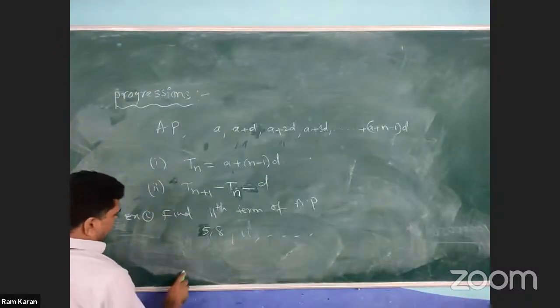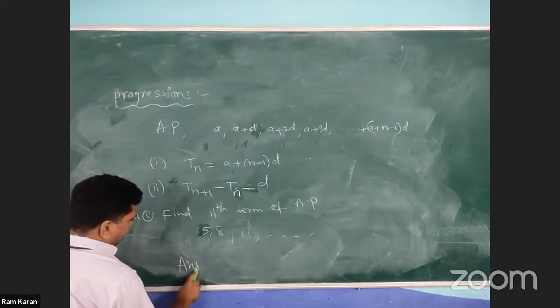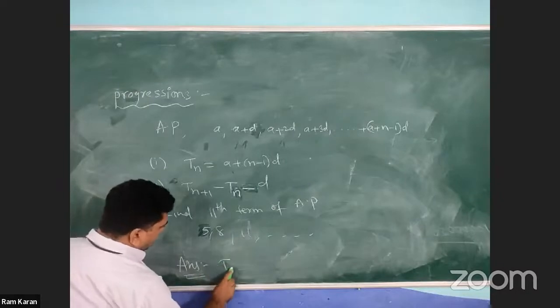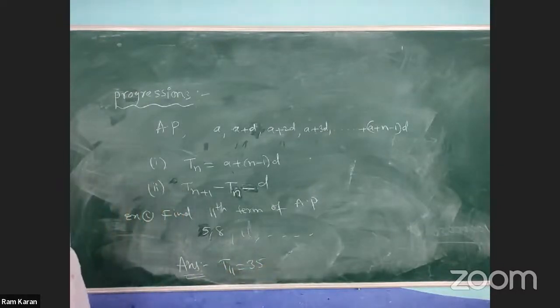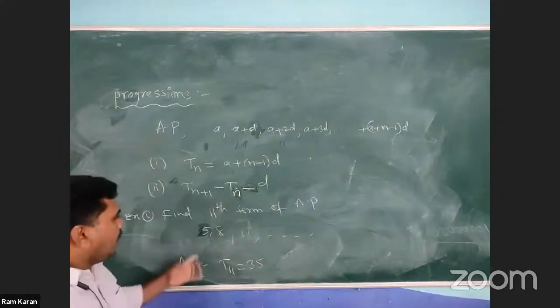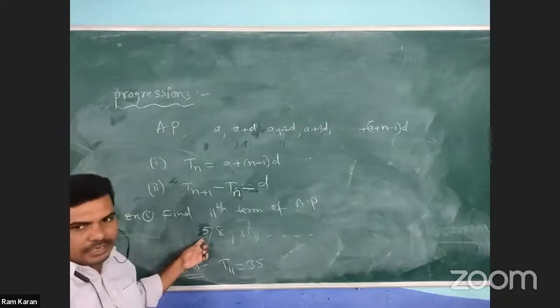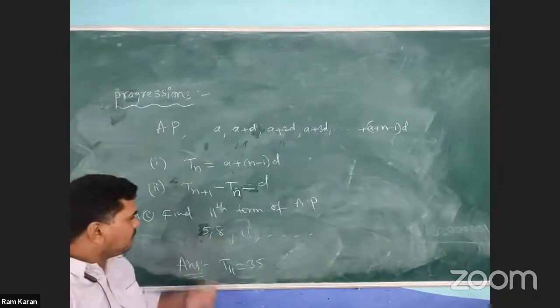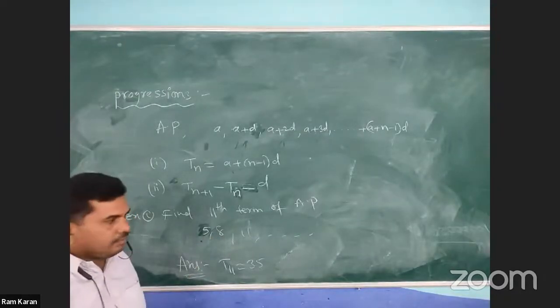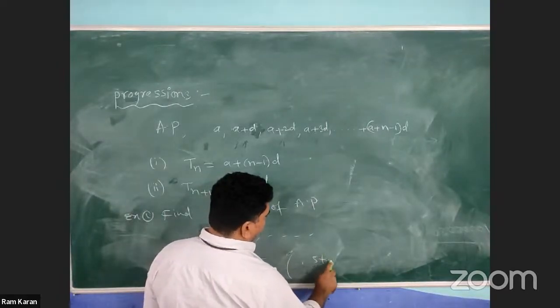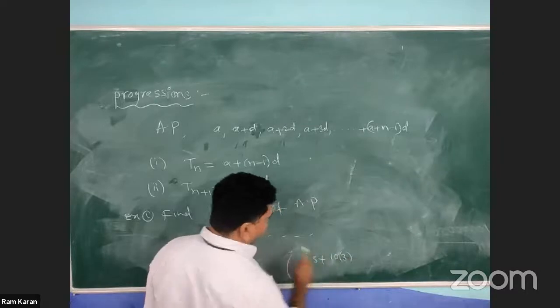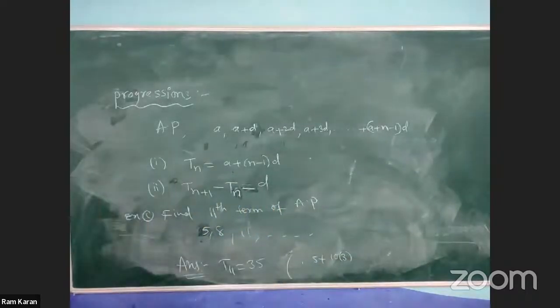The answer is 35. T11 is A plus 10 into D, which is 5 plus 10 into 3, equals 35.